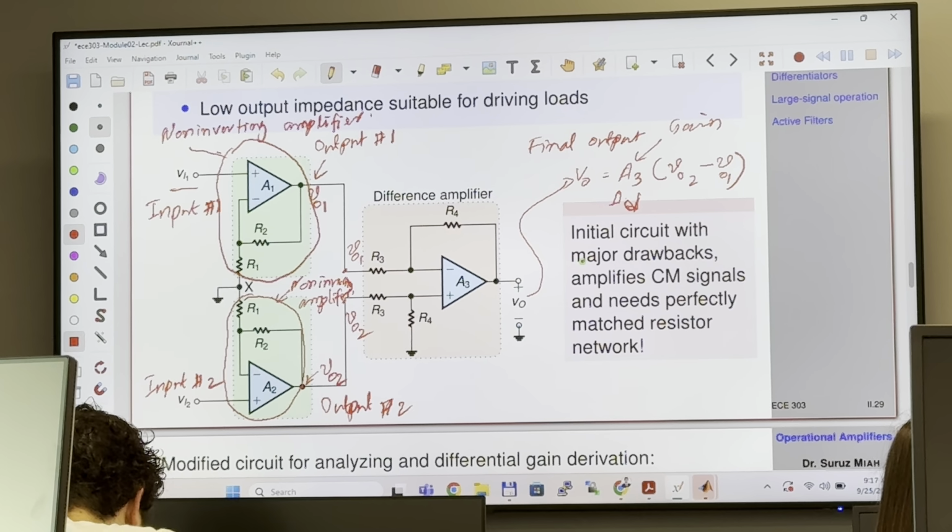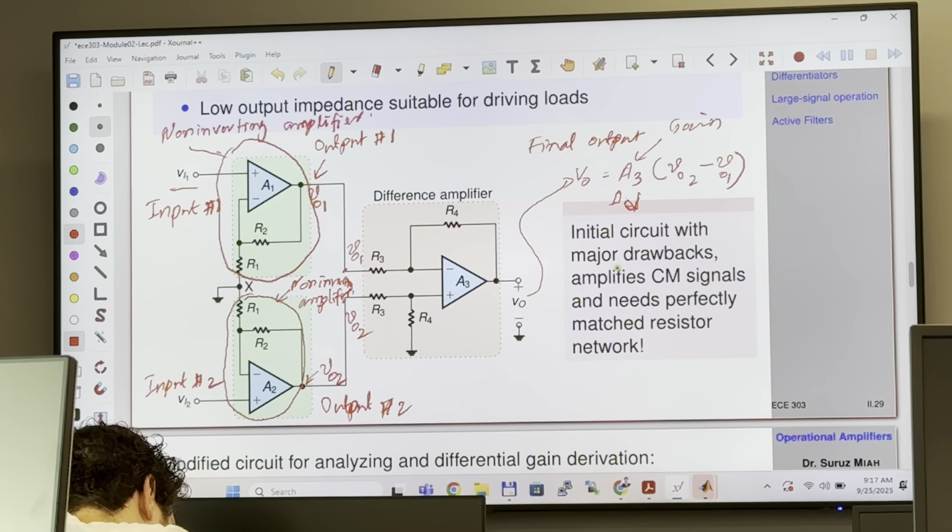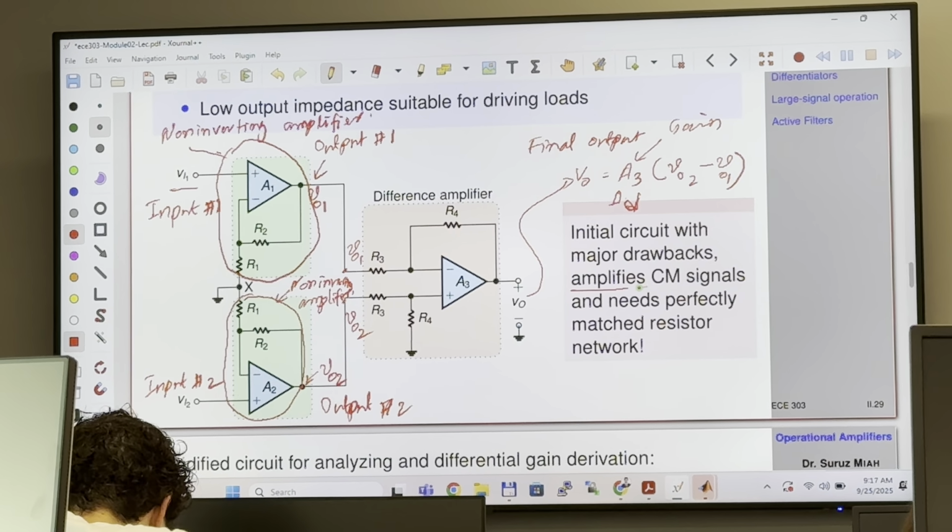Now, this initial circuit has a major drawback. It amplifies common mode signals, which means some noise is going to be amplified as well. And in our last class, I said that we do not want to have noise amplified.